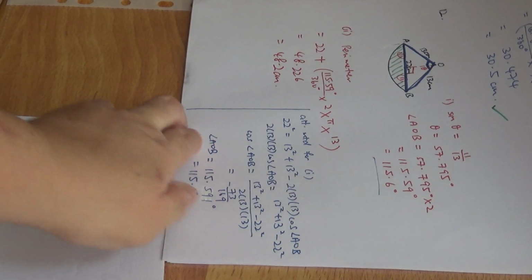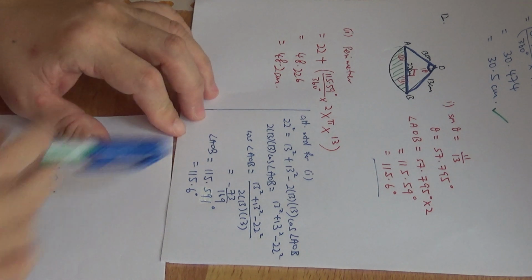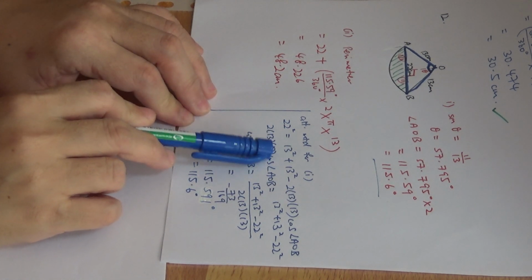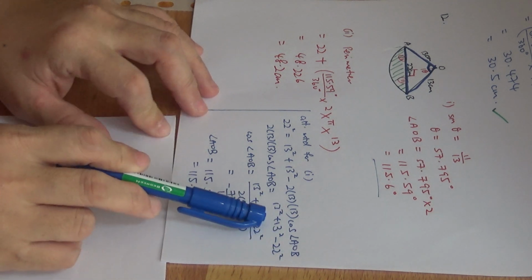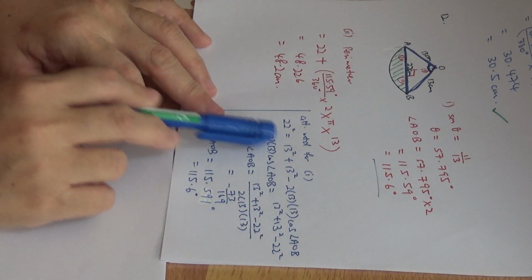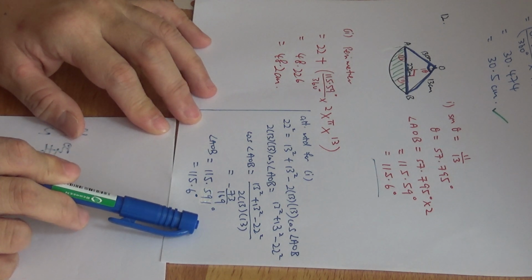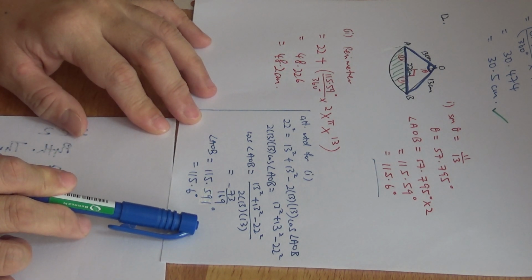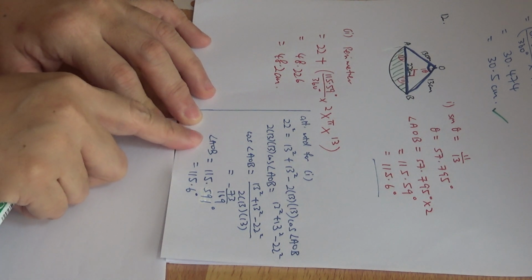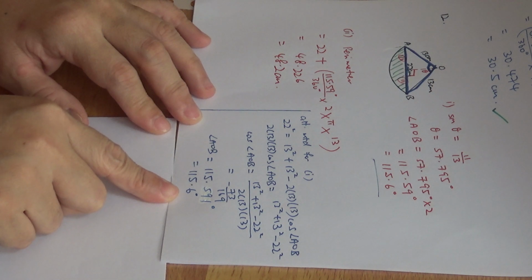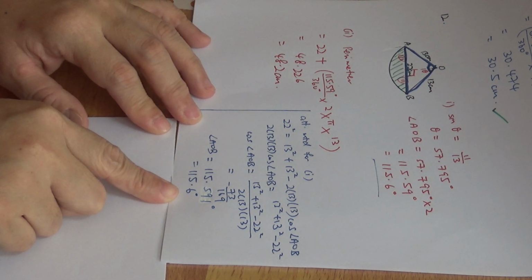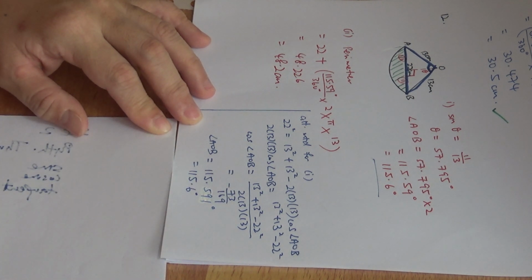If I use cosine rule, I will have 22 square equals 13 square plus 13 square minus 2 times 13 times 13 cosine angle AOB. I do the necessary bringing over and so on, just like in the previous chapter. Then I can find angle AOB as 115.6 degrees. So that is another way. Now in the exam, if you use any way that is logical, the marks will be given to you. But make sure you understand your concepts before you apply it.